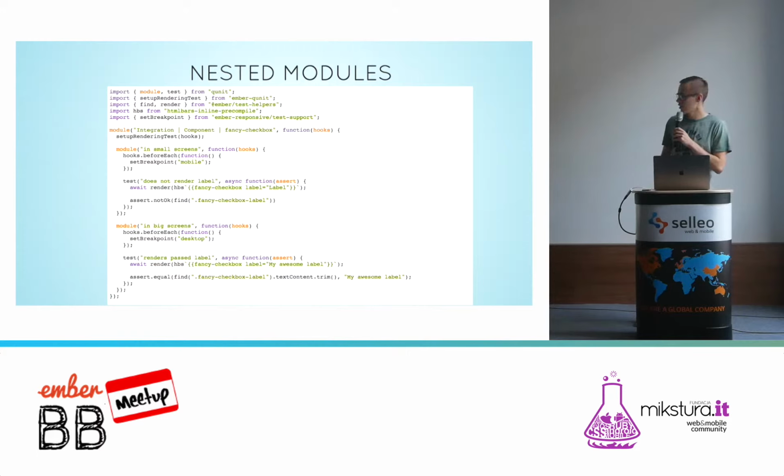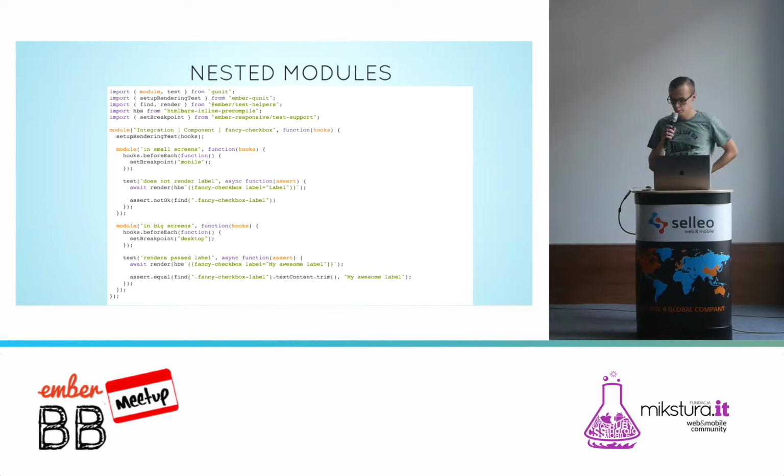And I think that is quite similar to RSpec context. As you can see on the slide, we have two modules inside one global module, one for small screen and one for big screen. We have separate hooks for each module and the test.